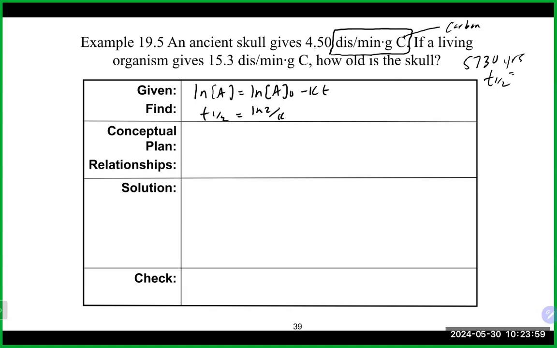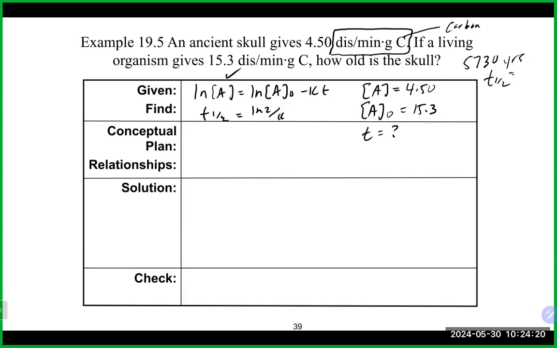And in this case, we actually have the rate of an ancient one, which is the ending part there. So 4.5 disintegrations per minute per gram of carbon. Our living is where we start. So that is 15.3. And we're looking for how old something is.